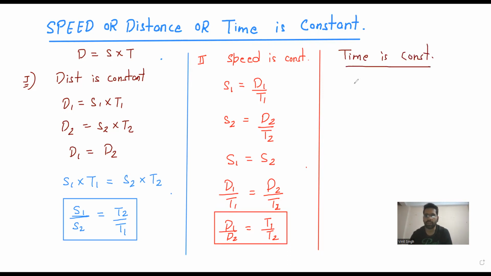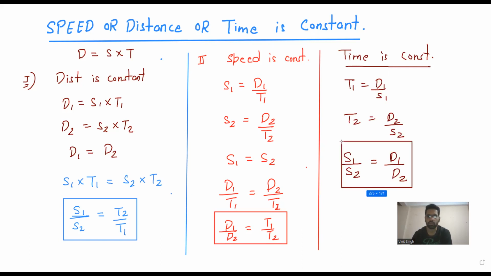When the time is constant, we can write t1 is equal to d1 upon s1 and t2 is equal to d2 upon s2. So we can write s1 upon s2 is equal to d1 upon d2. Clear?